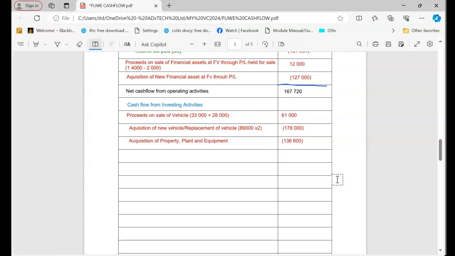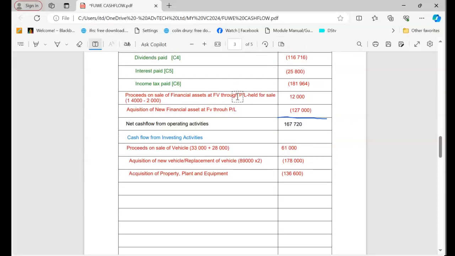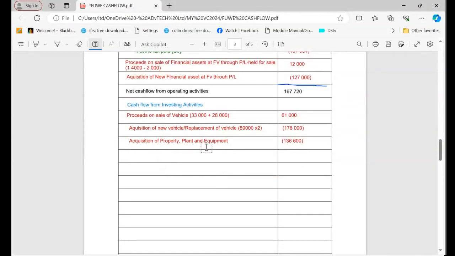In future, you can acquire an investment which is not profit and loss. If you acquire, let's say, an actual investment, you're going to treat it like this. You check if you sold it, or if you acquired it.